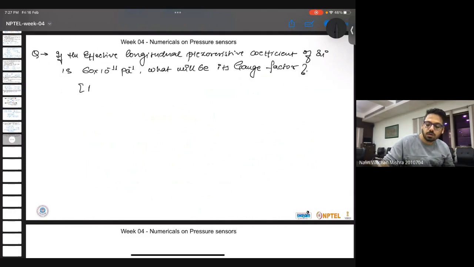Here, assume Young's modulus as 170 gigapascal.